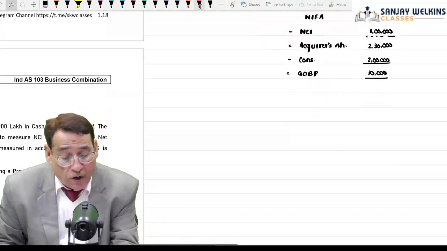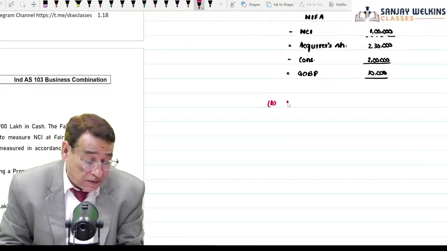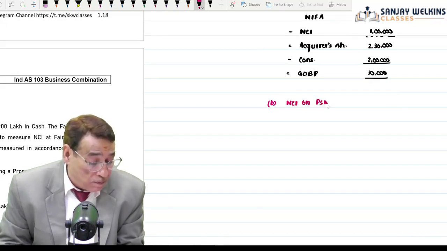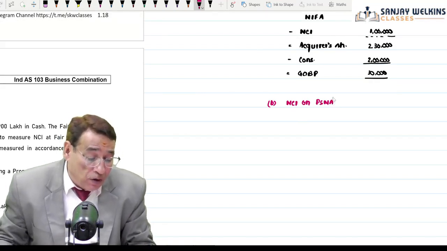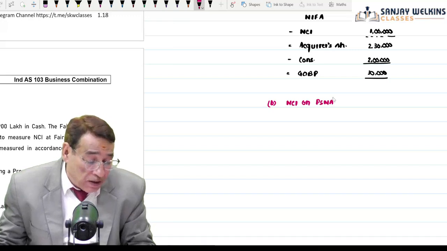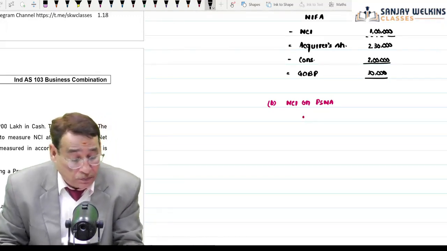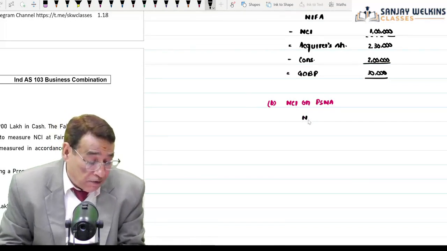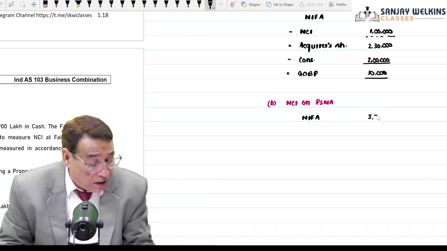Now if you are supposed to compute NCI on PSNA basis, in this case, the amount of goodwill will be equal to, first I will write here NIFA, net identifiable asset. Net identifiable asset is equal to 3,30,000.